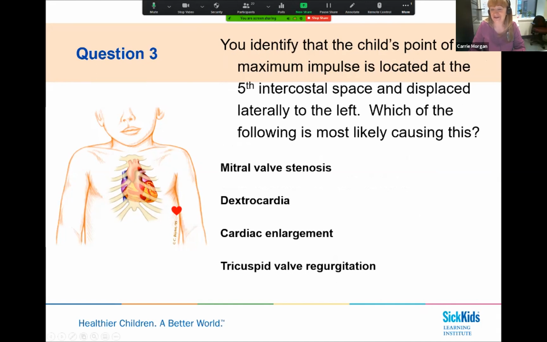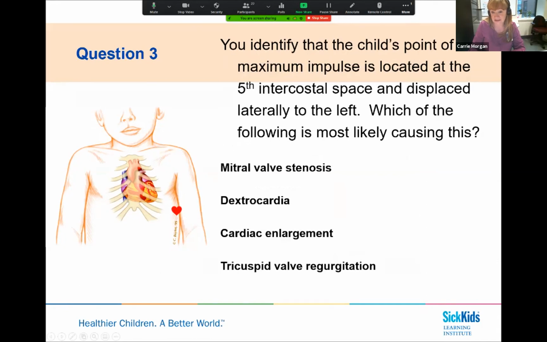Okay, so you identify that the child's point of maximum impulse is located at the child's 5th intercostal space and displaced laterally to the left. You see here with the little heart, this is where you identify the point of maximum impulse. Which of the following is most likely causing this?